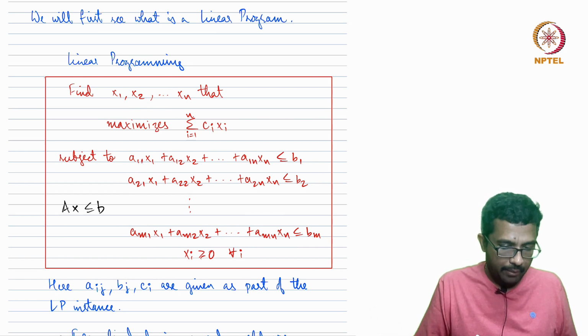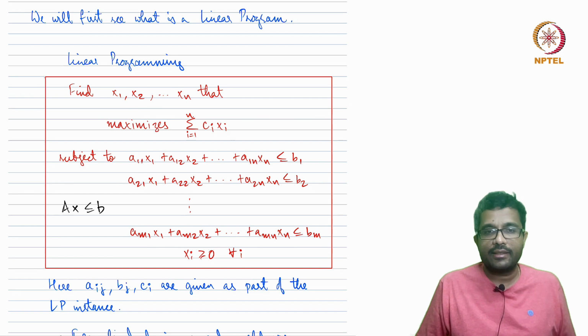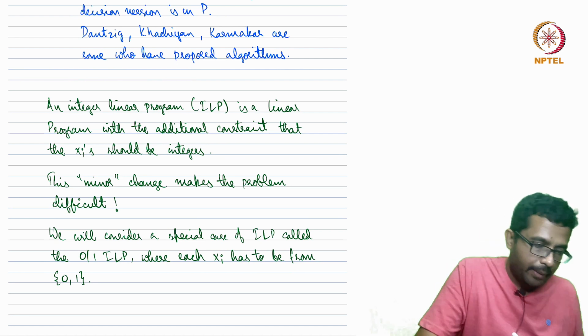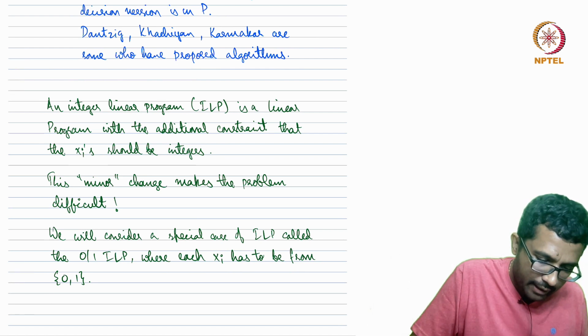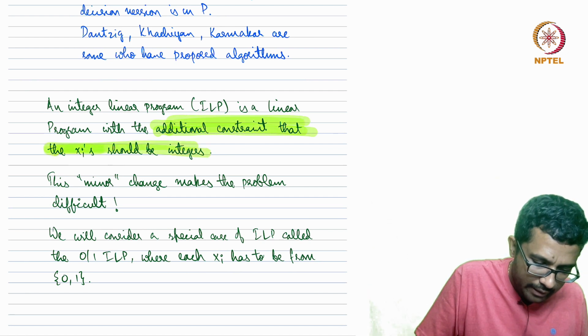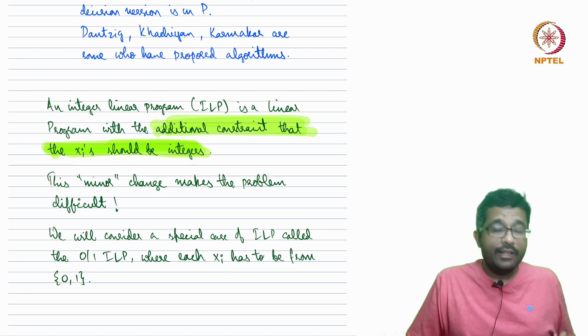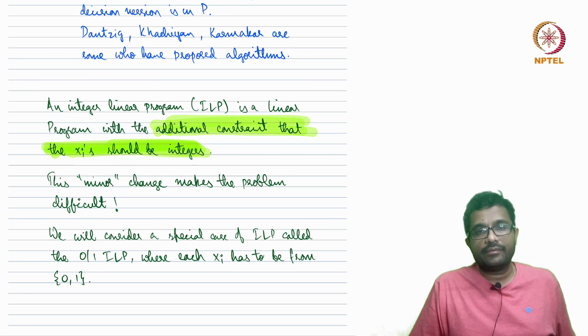The same thing, but I am saying that the xi can only be integers. This actually changes the whole thing, right? So the new constraint is that these xi's should be integers. And this makes the problem hard, right?